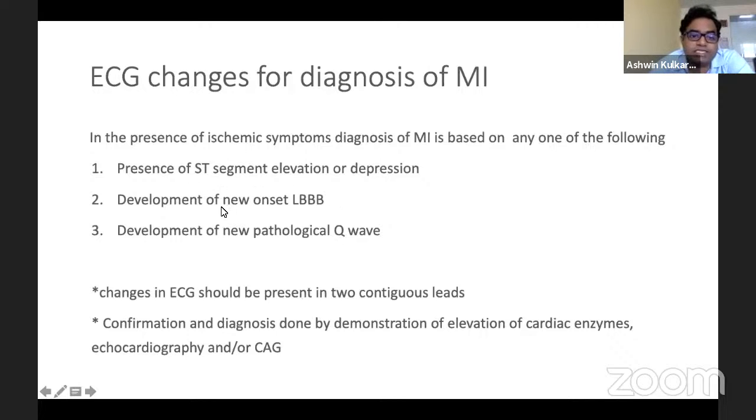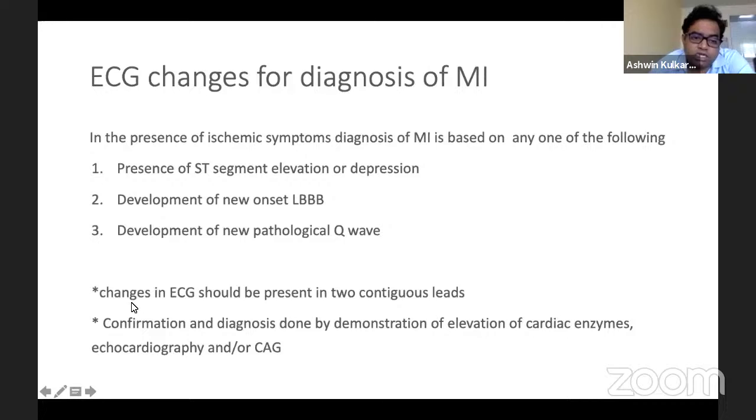So if a patient has chest pain and you see in the ECG there is an LBBB, and you have a prior normal ECG, then this new onset LBBB has to be taken in the context of a new LBBB, and we have to treat this patient like a normal patient of STEMI, or even development of new pathological Q waves. So these 3 points are required to make the diagnosis of myocardial infarction.